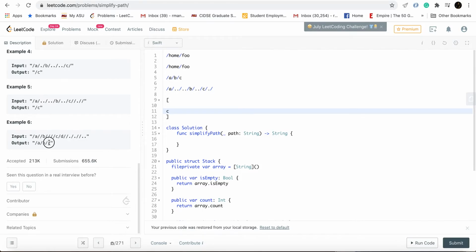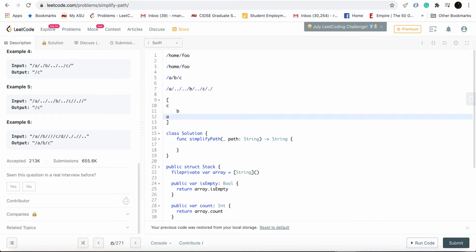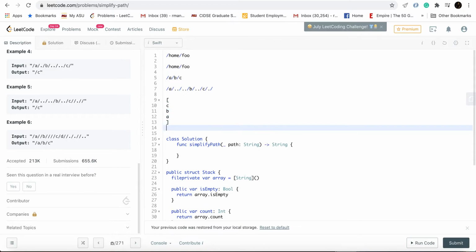So by that logic, if we were processing this example input string, in the stack we would be left with this at the end, right? We would be left with C, below that B, below that A. This is what our stack will look like. So we have to process this to generate a string like this.